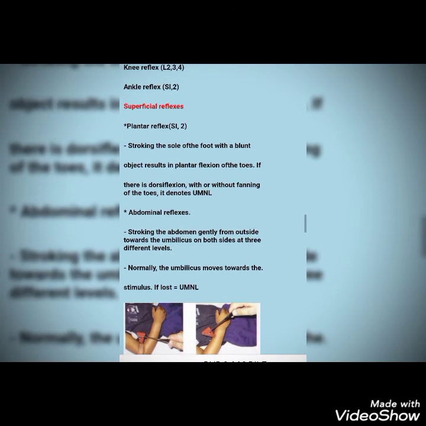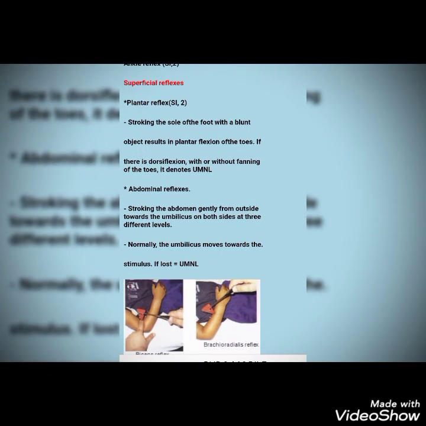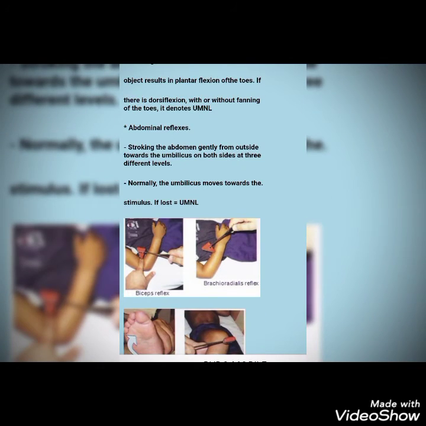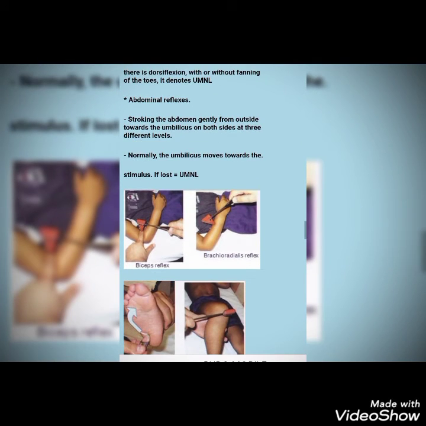If there is dorsiflexion with or without fanning of the toes, it denotes UMNL. Abdominal reflexes: stroke the abdomen gently from outside toward the umbilicus on both sides at three different levels. Normally the umbilicus moves toward the stimulus; if lost, it indicates UMNL.